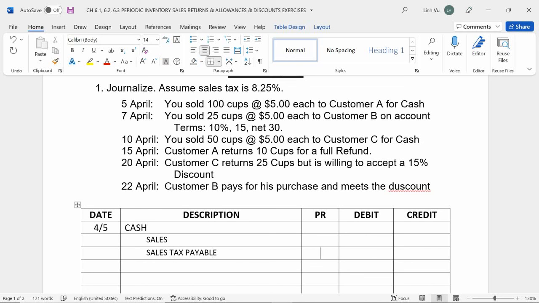Okay. So in this case, let's calculate our sales first, okay? If I sold 100 cups at $5 each, what's my total amount of sales? $500 with the sales, okay? Now in this case, how much tax am I going to be charging customer A?